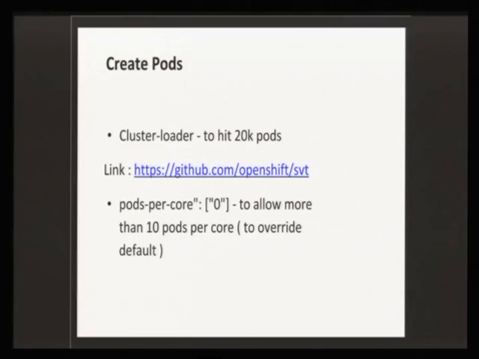Okay, so then for another project, I needed as many pods as possible. I mean, I just needed a number of pods, no matter what kind of pods they are, because I wanted to collect memory, CPU, and network numbers. And I decided to create 20,000 pods on top of this cluster. In the performance team, we have a cluster loader tool. You have a link here.